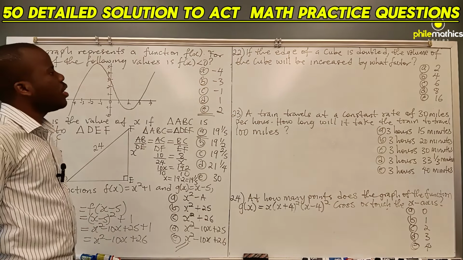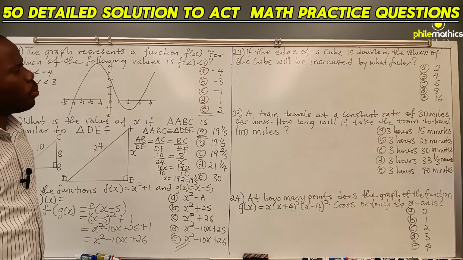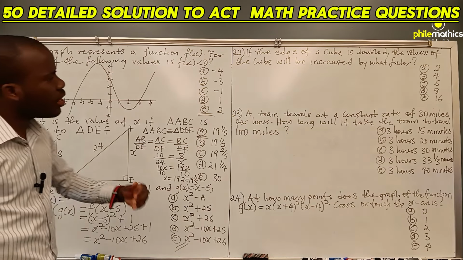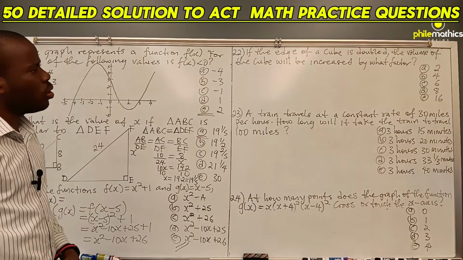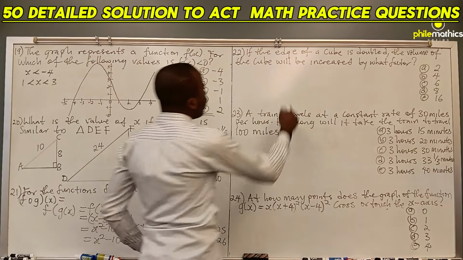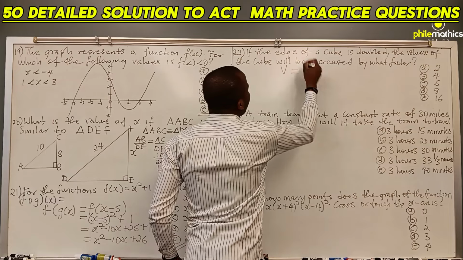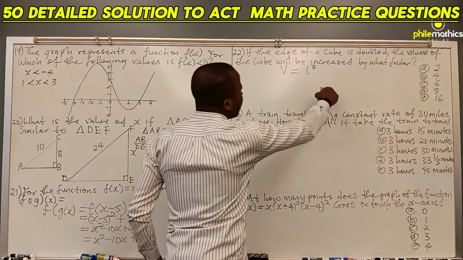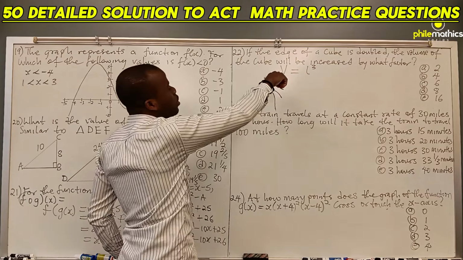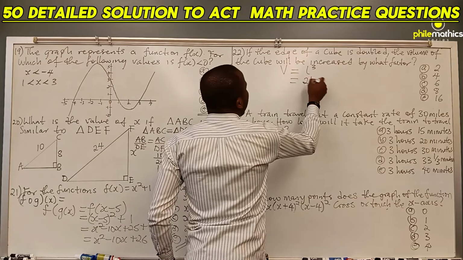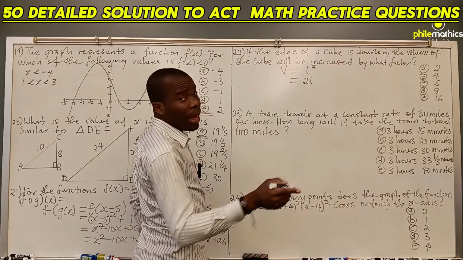22 says, if the edge of a cube is doubled, the volume of the cube will be increased by what factor? What's the formula for the volume of a cube? Volume of a cube is L cubed, where L is the length. If the length, which is the edge, is doubled, this will be 2L. That's the meaning of double, not L squared.